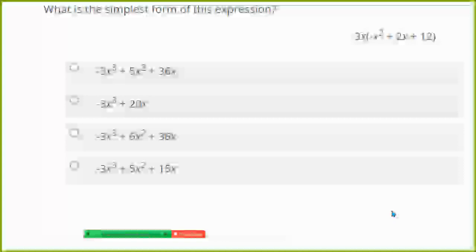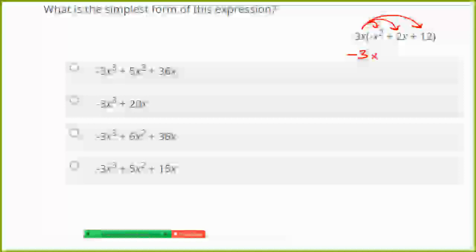How'd you solve it? I just multiplied 3x into all of it. I multiplied 3x and negative x exponent 2, and then I multiplied the 3x and 2x, and then I multiplied the 12 and 3x. For sure. So let's do those multiplications. Walk me through that. 3x times negative x squared, what is that?